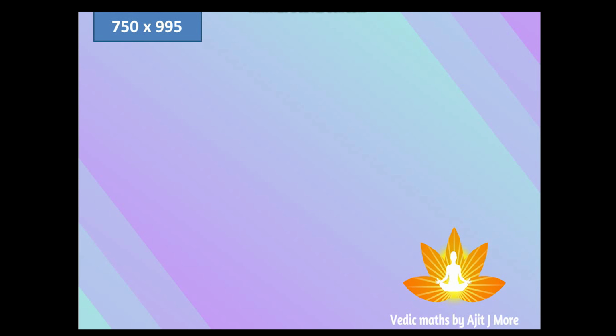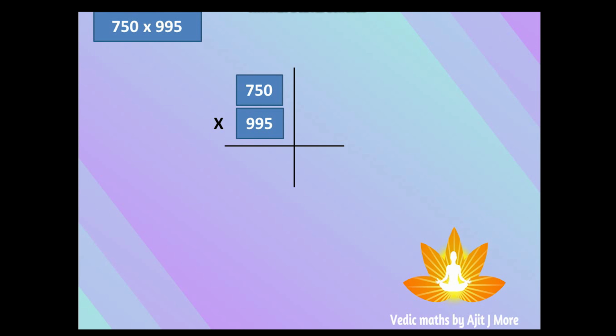Okay, 750 into 995. Can you tell me how far 750 is from the base and how far 995 is from the base? The first step, as I said, is to fix the base. What is the base? Obviously, you can see from the example that it is 1000. Okay, so the base is 1000, that is decided.